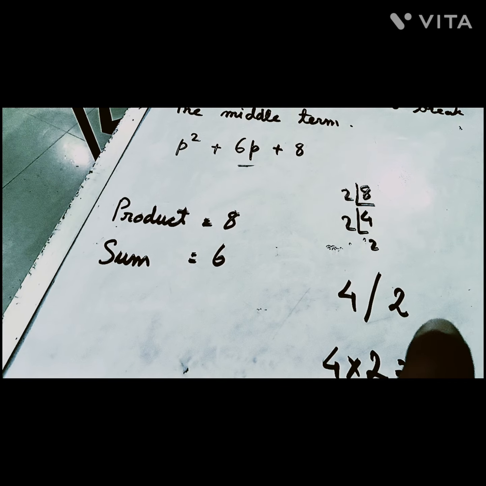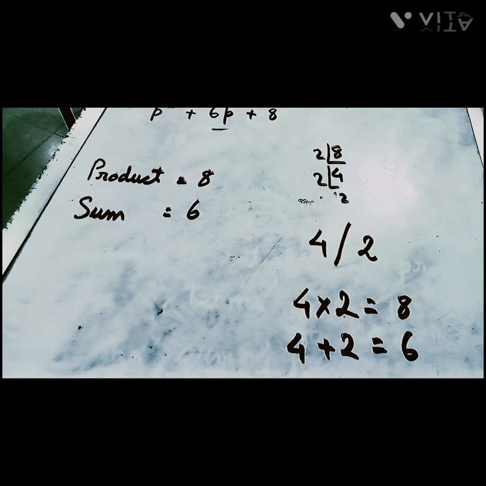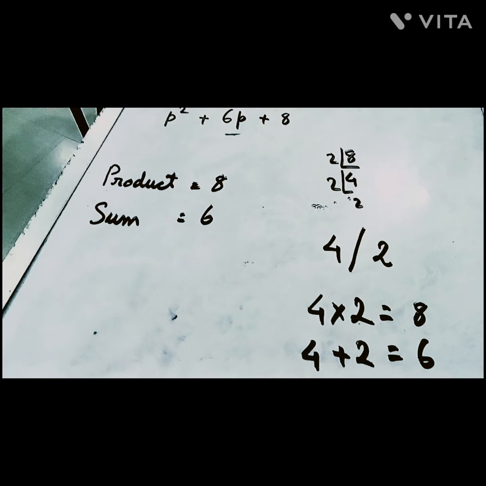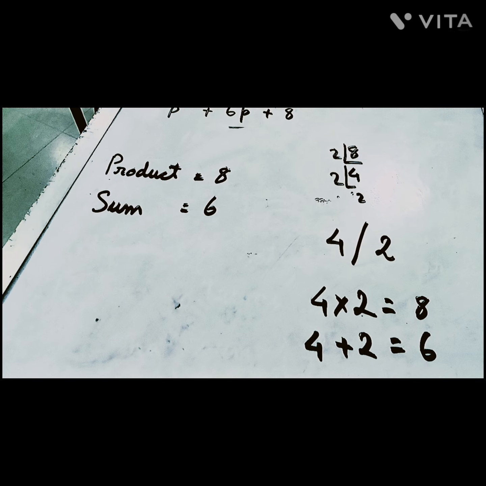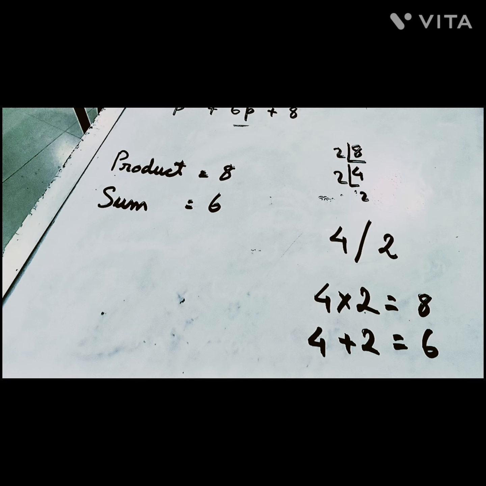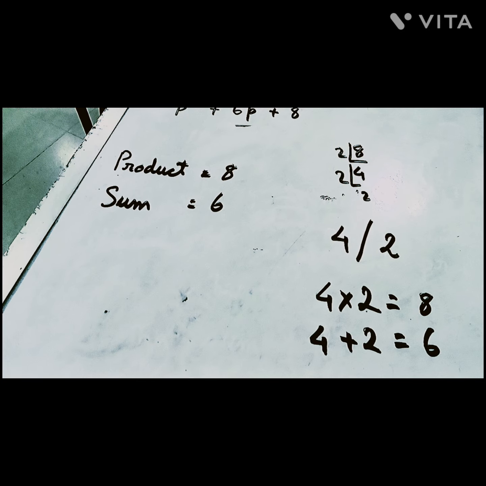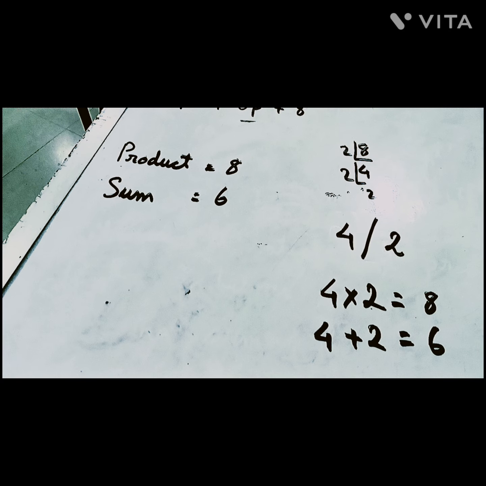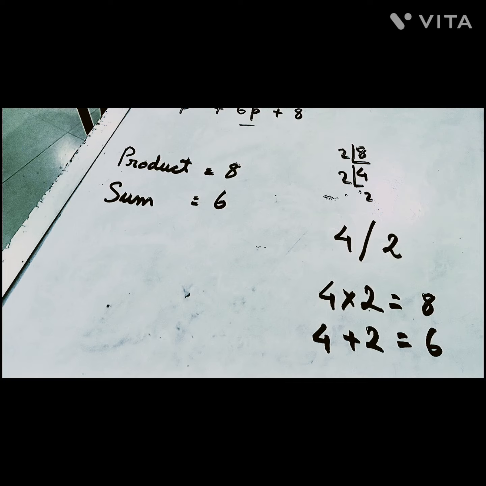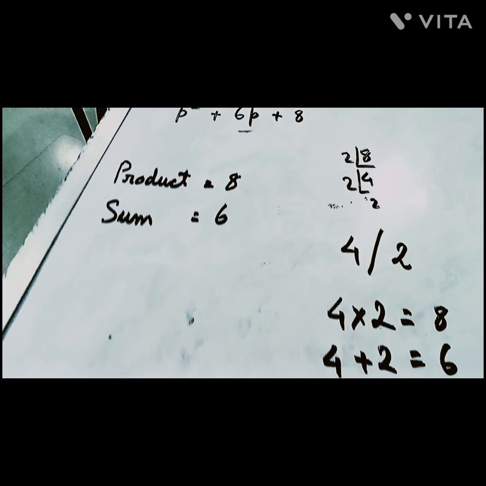If I multiply 4 into 2, we get 8. And if we add 4 plus 2, it becomes 6. So 4 and 2 are the two numbers satisfying product 8 and sum 6. So we will utilize this 4 and 2 to further break the middle term 6p.